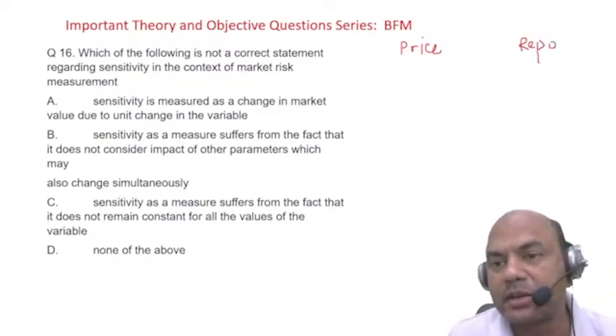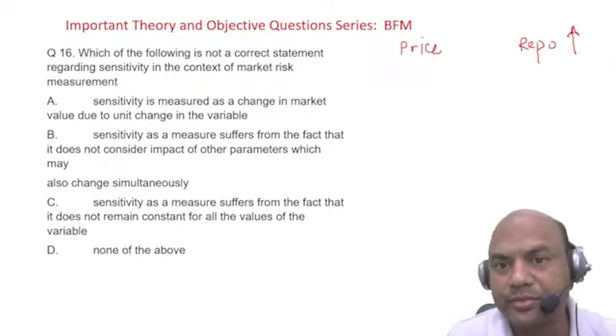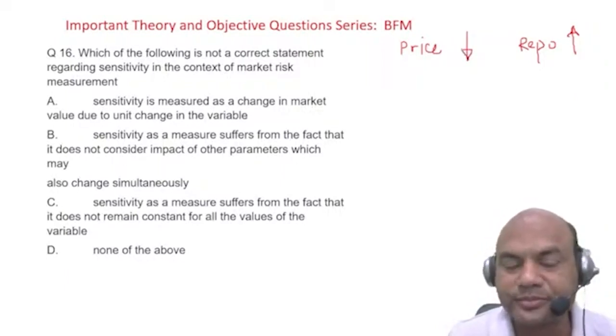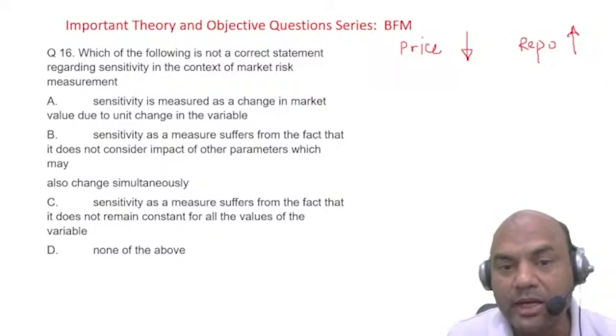Suppose the repo rate goes up, then what happens to the price of the bond? In the comment section, type fast. Up or down? It generally goes down. It's in reverse proportion. Always remember. That's why change in the market value means price, based on the change in the value of the variable, which means repo rate.